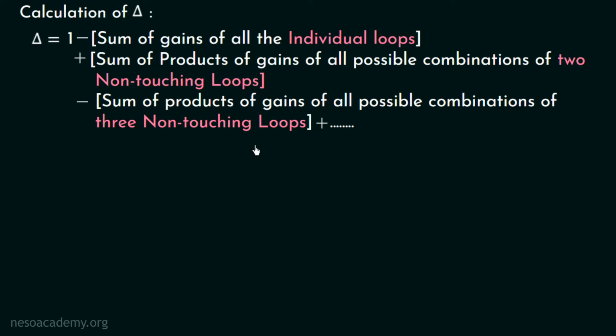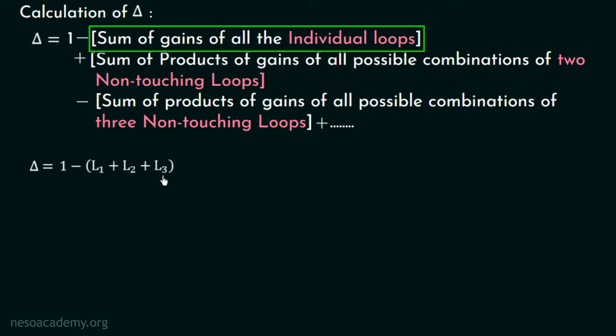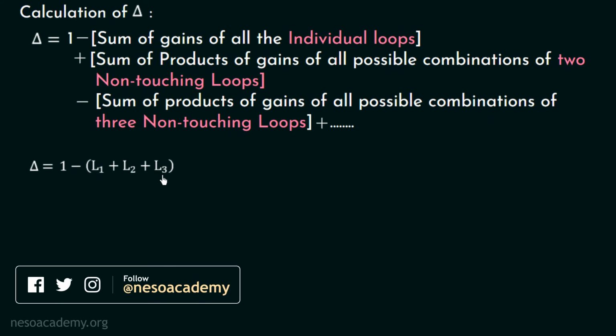Now we will apply this formula in order to calculate delta, which is equal to 1 minus the sum of all individual loop gains. So we have 3 individual loops and the sum of these loop gains will be L1 plus L2 plus L3.